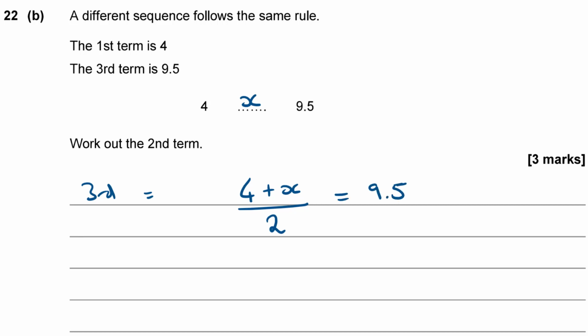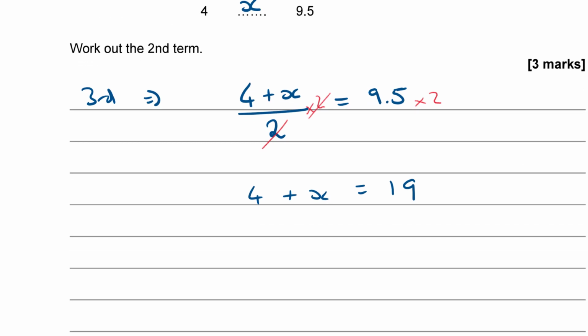So basically what we've done here is we've formed an equation in x that we can then go on to solve. First off I'm going to get rid of this divide by 2 by multiplying both sides by 2. That will cancel, leaving me with just 4 plus x on the left. 9.5 times 2, 2 nines are 18, 2 halves are 1, so that's 19 altogether. So that's given me 4 plus x equals 19.